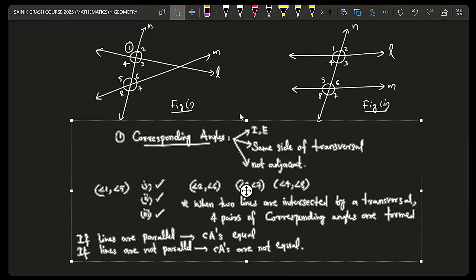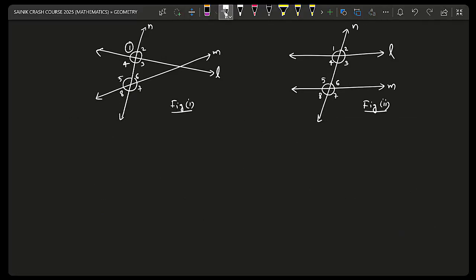Alternate interior angles. So the second pair, alternate interior angles. What are the conditions required? First condition, both of them must be interior.